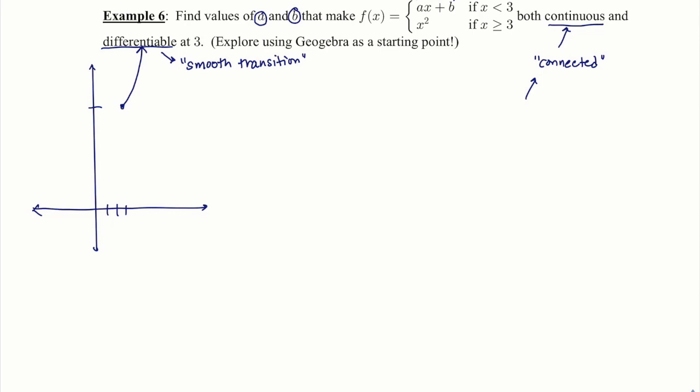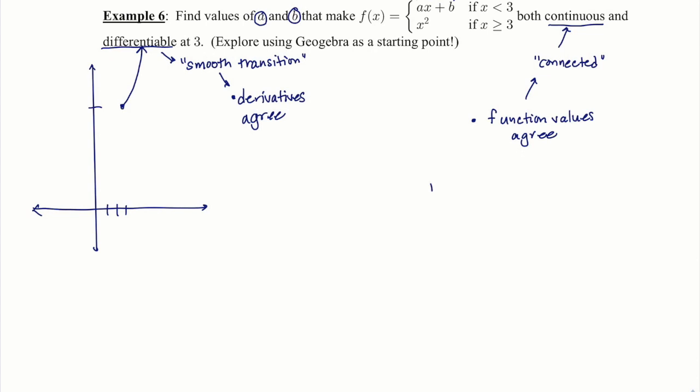So that's going to involve the function values being the same for the two branches. And for a smooth transition, I need the derivatives to agree for the two branches, right?